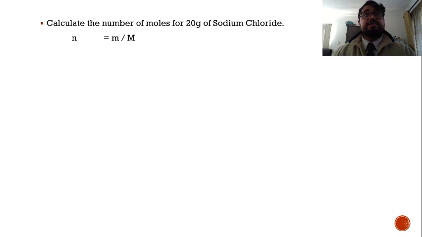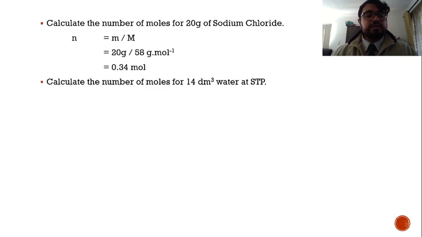So number of moles equals mass over molar mass, and that's 20 grams divided by 58 grams per mole. That is the molar mass for NaCl, and that gives you an answer of 0.34 mole.